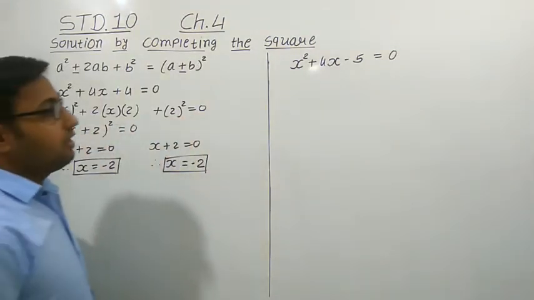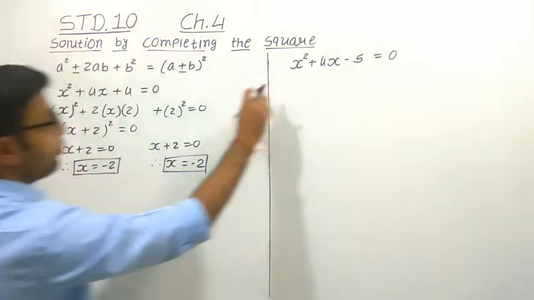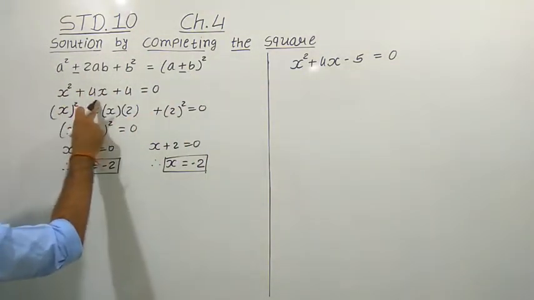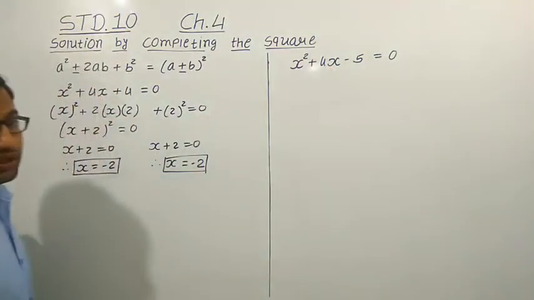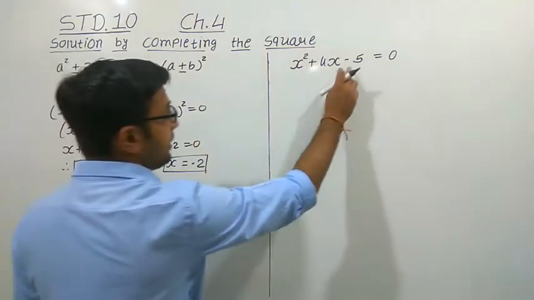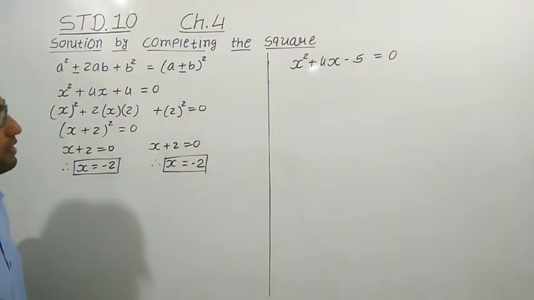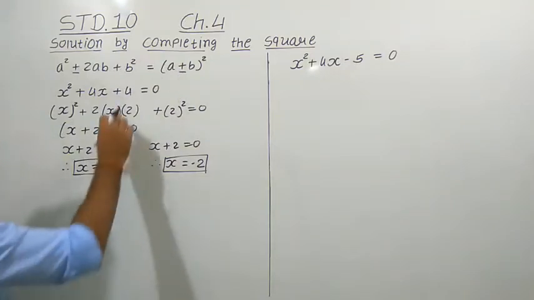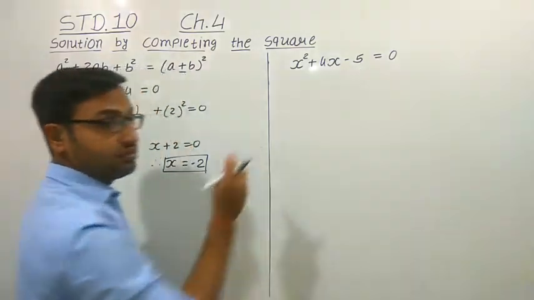So what are the missing values that we have to find out? See, if we want to arrange it like x square plus 4x plus 4, the two terms x square plus 4x are already there, but we need plus 4, and here negative 5 is there. So to make it a perfect square, what do we have to do? We have to add 4 to this side, right?